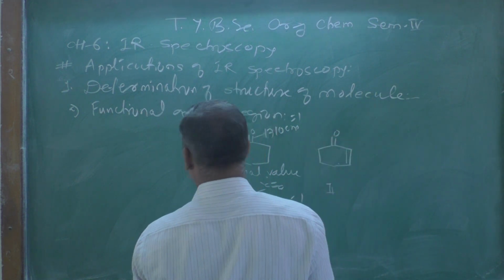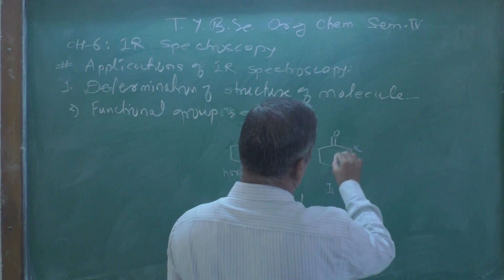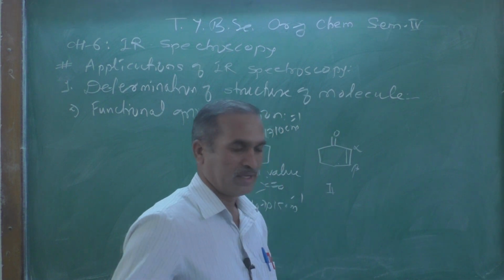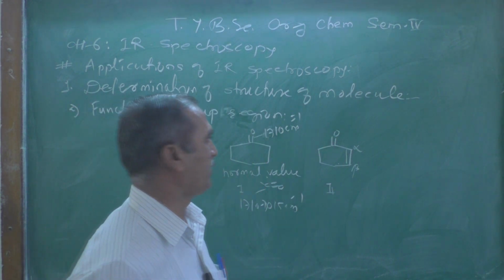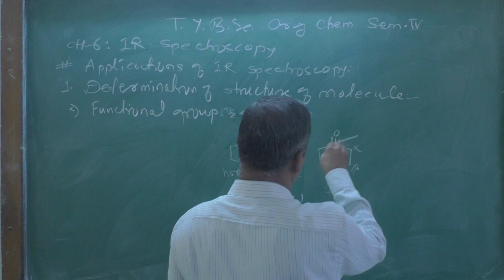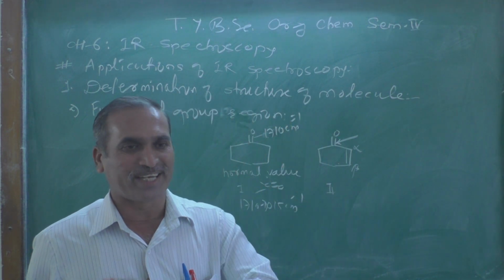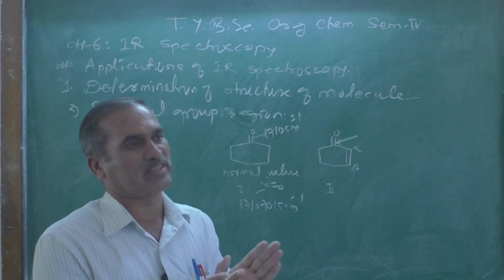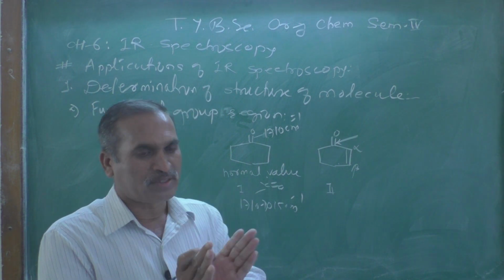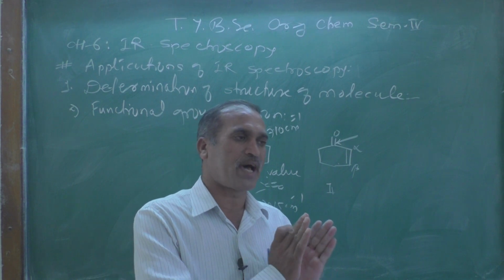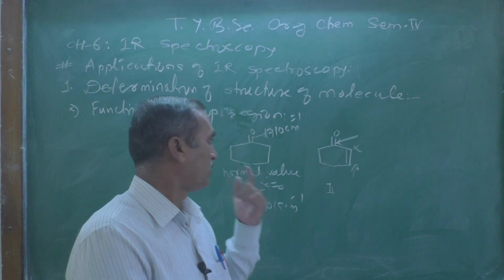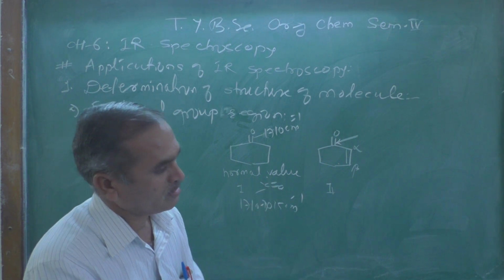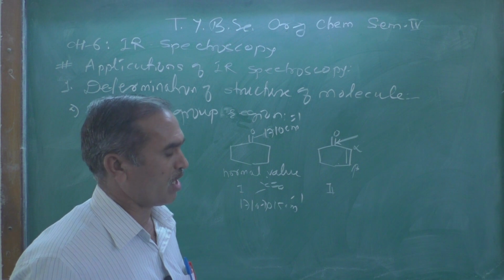Let's see this one. If you observe this structure carefully, what do you observe here? An alpha beta unsaturated compound. Now if you compare, the shape and size of that carbonyl group remain the same, only the position of that signal, that peak, is either higher than the normal value or lower than the normal value.